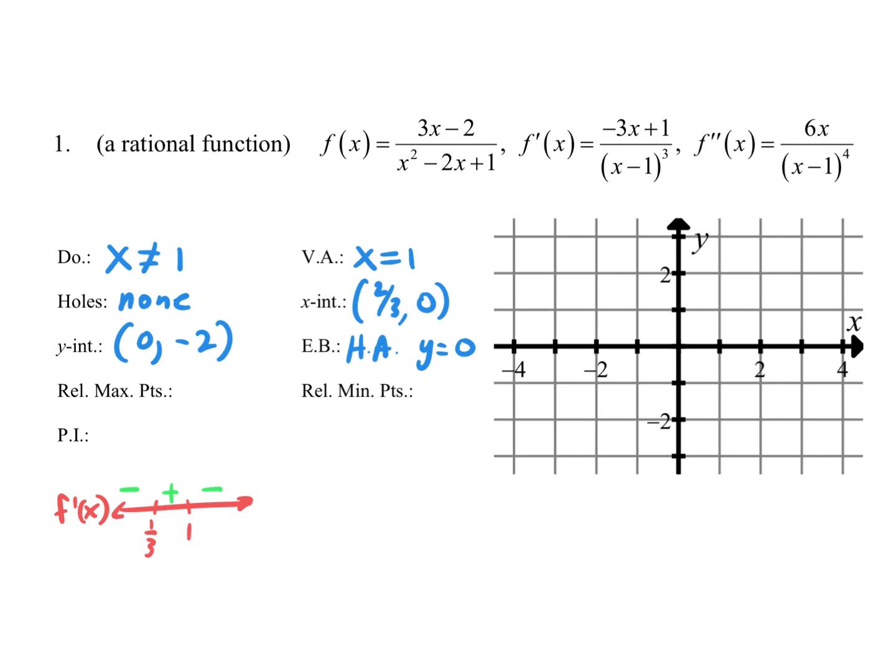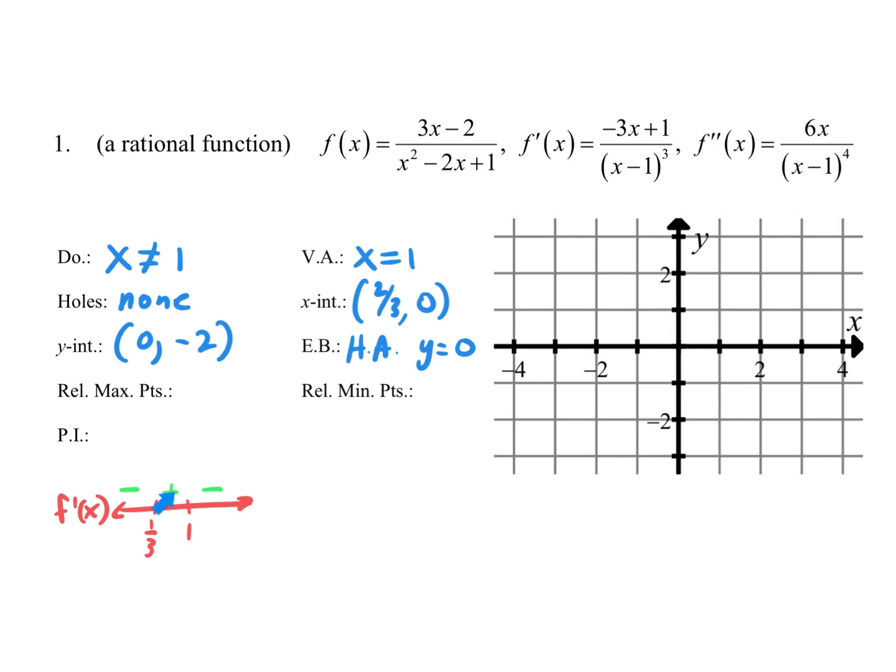And when you do that, what's the issue here about this max? Right, 1 does not exist. Okay, there is a vertical asymptote at 1.